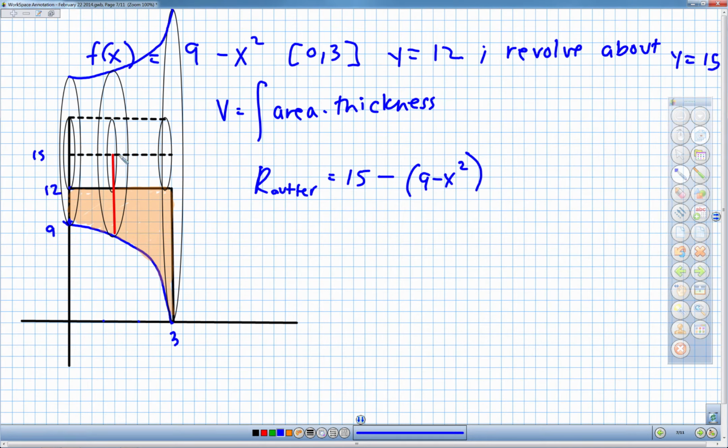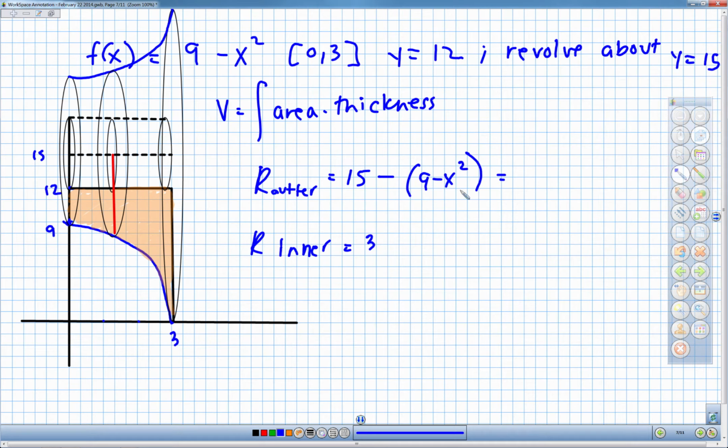This length right here is 15 minus all of this down below. And then the radius of my inner circle is simply going to be 3.